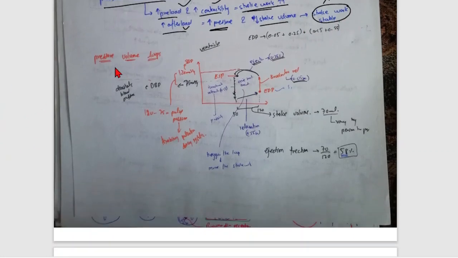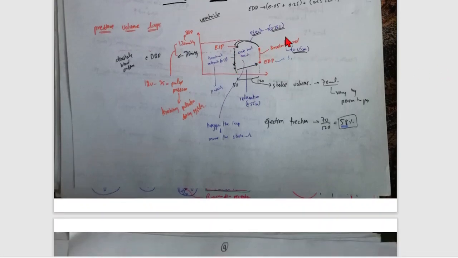Now another thing is the pressure volume loop. This is the pressure volume loop. So what will happen? This is diastolic blood pressure. You can see from this pressure volume loop, I have already explained, but now the time is shown here. 0.55 second is the relaxation phase, and the isovolumetric relaxation is 0.15.